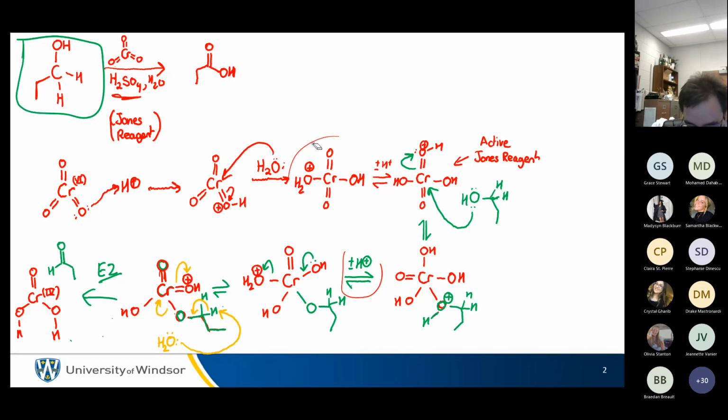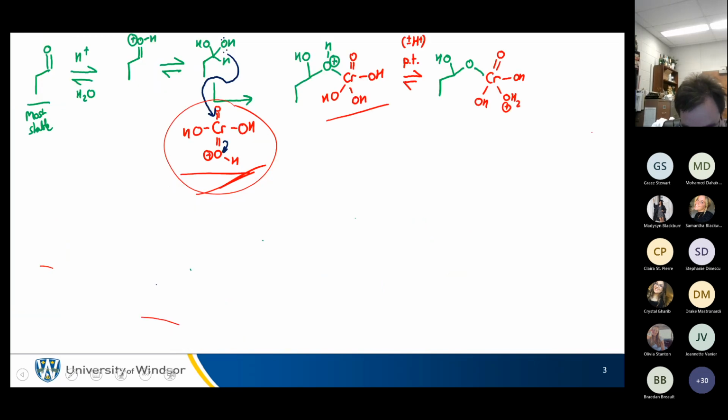It's just chromium garbage that is really, really expensive to dispose of because it's a heavy metal and it's really toxic. But we got the 1 carbonyl on a chromium because we had to, and it's left untouched. It was there to begin with. There were 2 at the beginning, now there's 1.